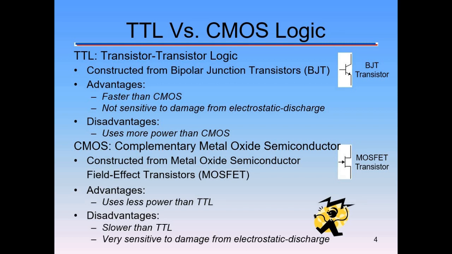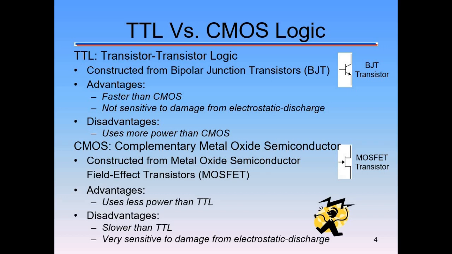In the upper right-hand corner, you can see what a BJT transistor symbol looks like. We use those to do a lot of electric switching, same with the MOSFET transistors. The BJTs are going to be more silicon on the inside, and we charge that silicon with positive or negative charge to make sure that we can control how the electronic switching goes.